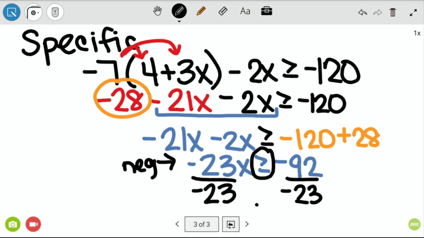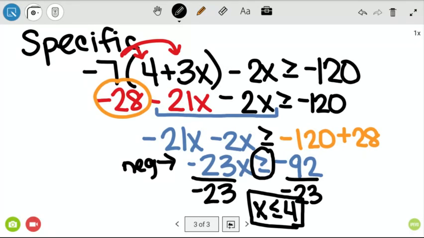So greater than or equal to will become less than or equal to. And -92 divided by -23 would give me a +4. So that is a specific solution. It's talking about a specific number as a boundary line, and we're talking about all numbers less than or equal to 4.